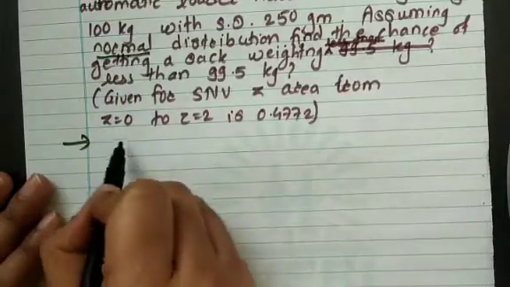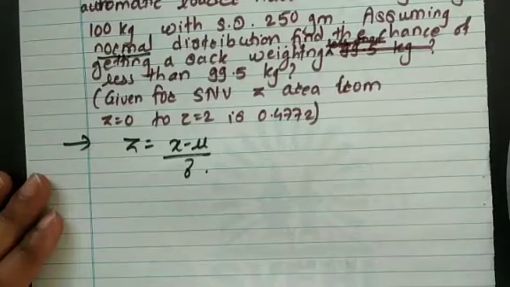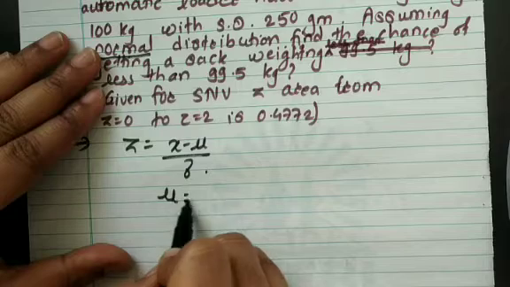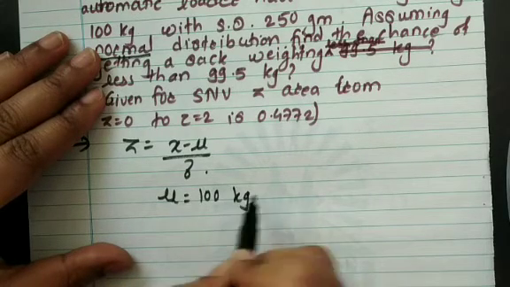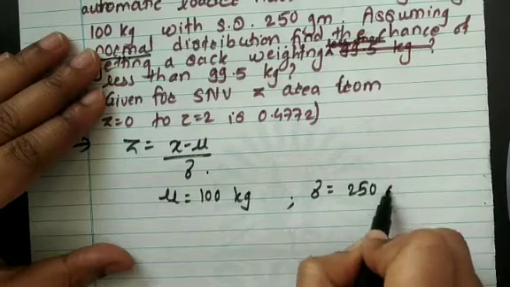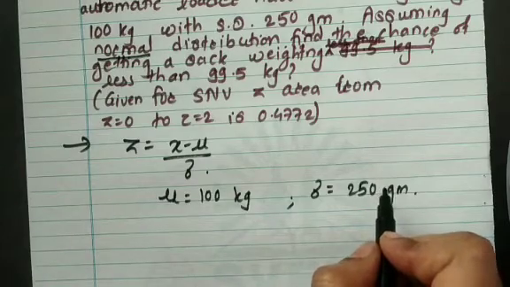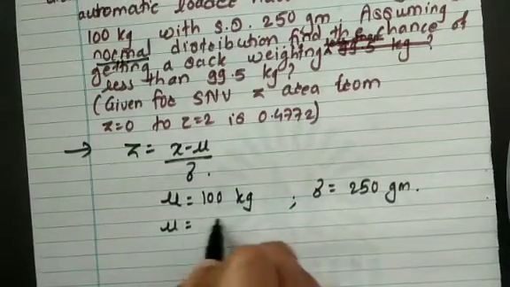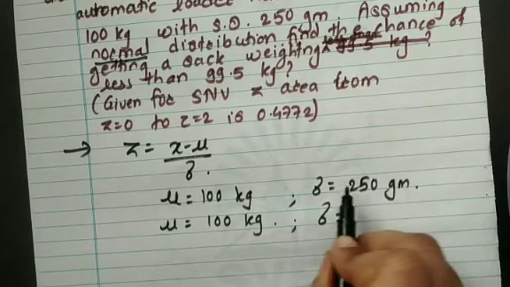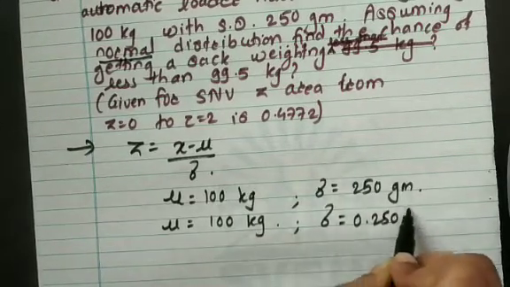Okay, as it is normal distribution, for that we need z. Z is x minus mu upon sigma, and average mu is 100 kg and standard deviation sigma is 250 grams. That is, if mu is in kilograms, 100 kilograms, we have to convert sigma also into kilograms, that is we'll divide it by 1000 and we'll get 0.250 kilograms.